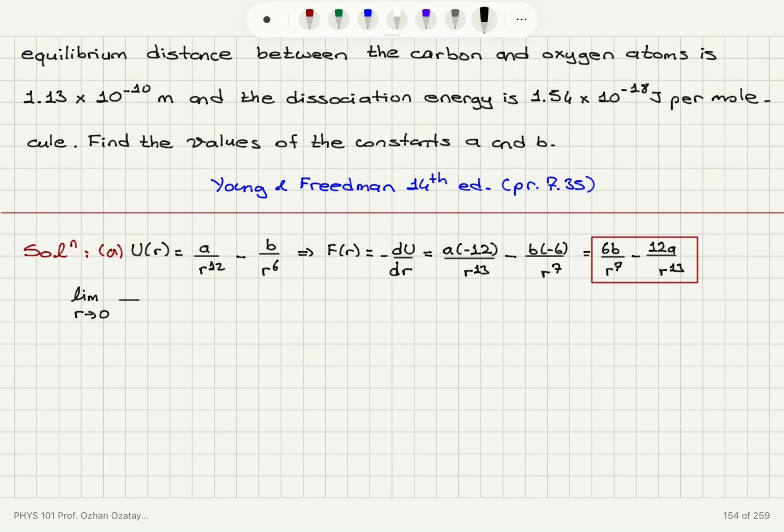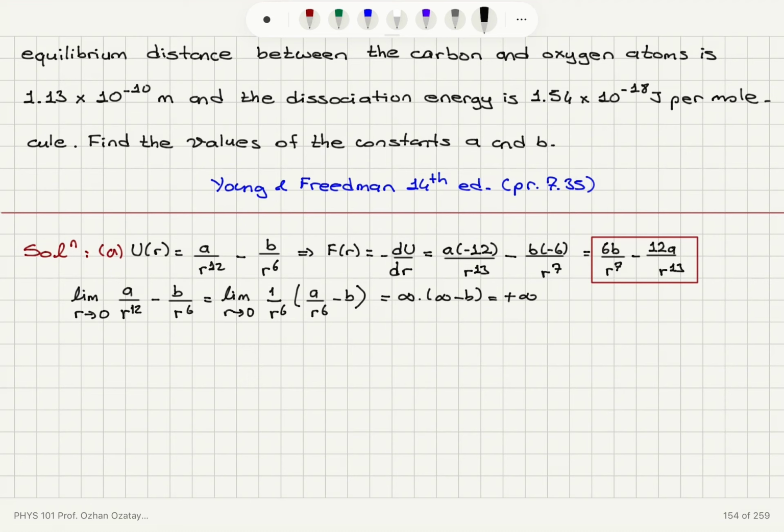If I look at the limit as R goes to 0 of A divided by R to the 12 minus B divided by R to the 6, this will be the limit of 1 over R to the 6th power times A divided by R to the 6 minus B. You can see that 1 over R to the 6 as R goes to 0 gives us infinity, multiplied by infinity minus B, which is infinite.